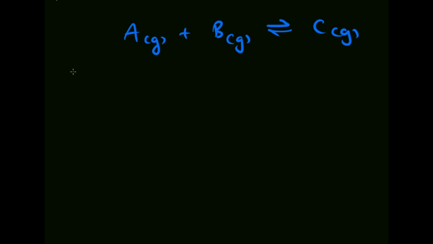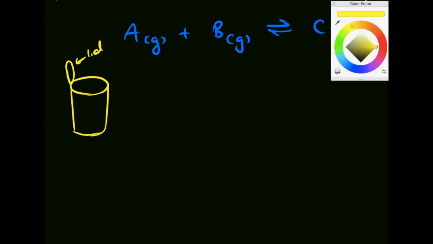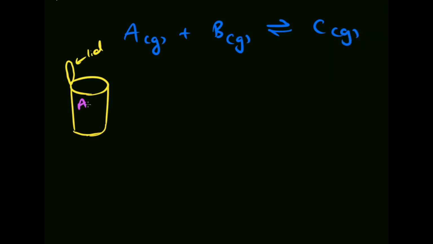So let's say it occurs inside an open container like this. So here's the lid, and then let's put in our materials inside. So we have A gas, B gas, as well as C gas. There are many of each, A, B, and C, but I'm just going to draw one of each.